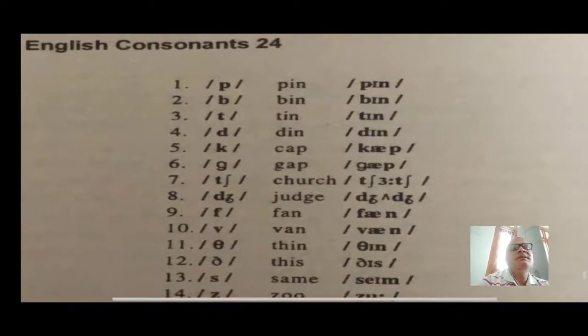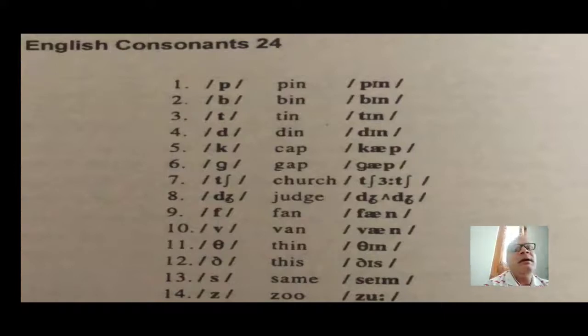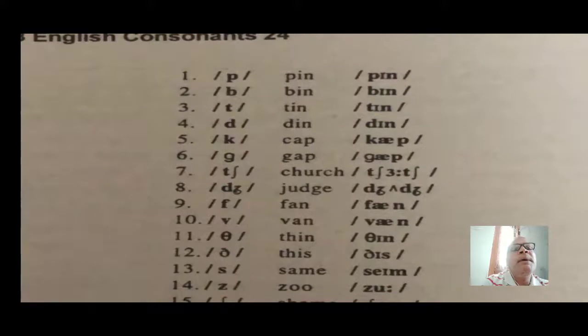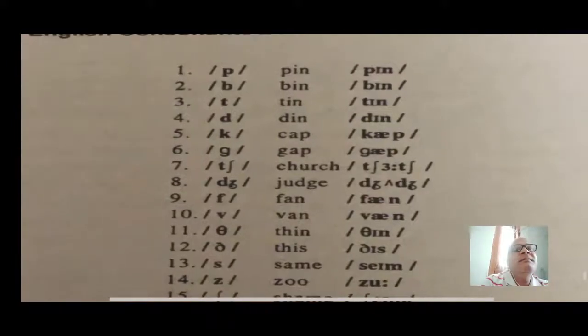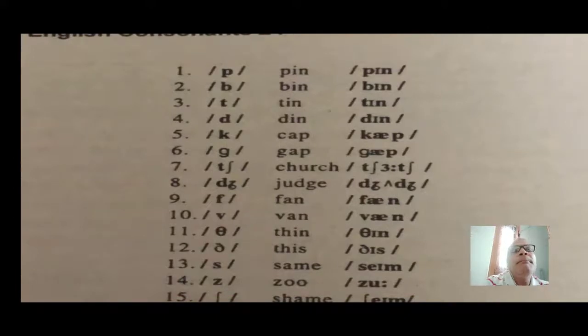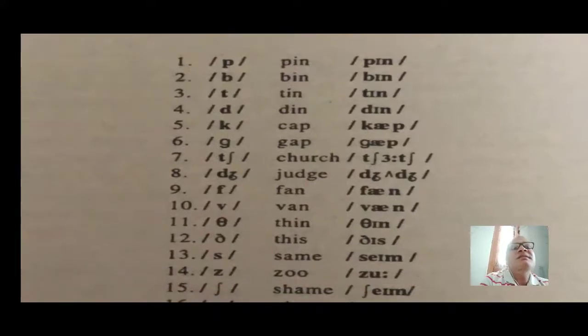Per, this is a bilabial sound. Per is pin. It's not P. When it comes to phonetics, it is per, not P. Say P. That's the right way. Right. Bin, pin, b, per, b. Pin, bin. T, like tin, din, like hat.